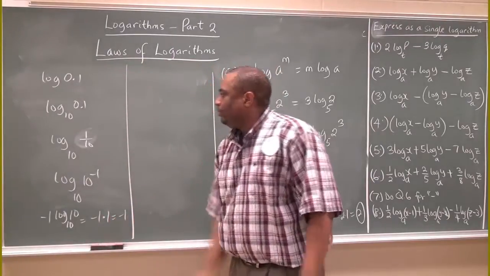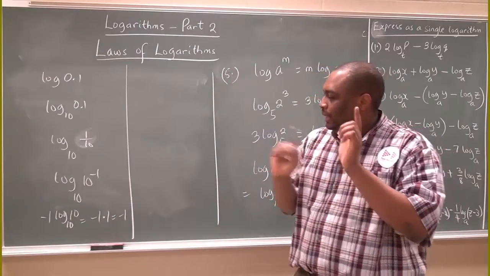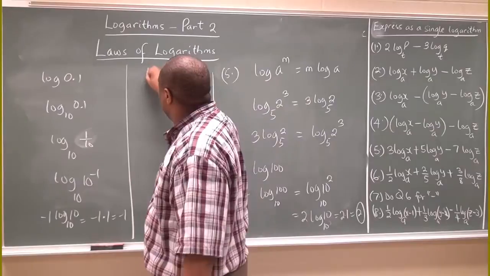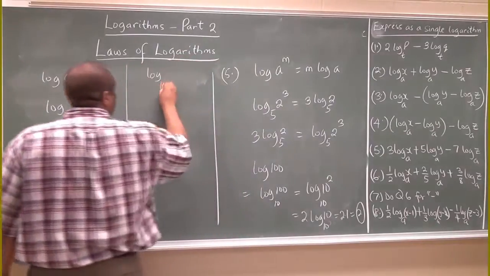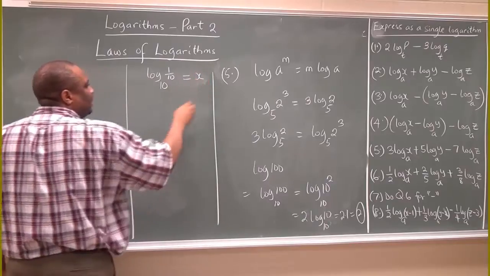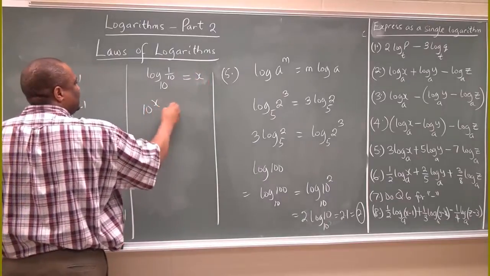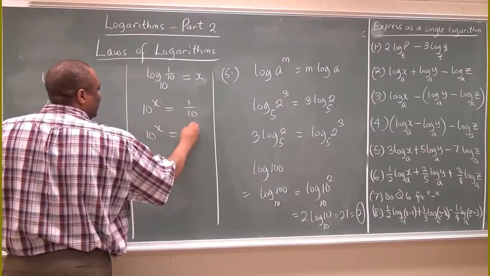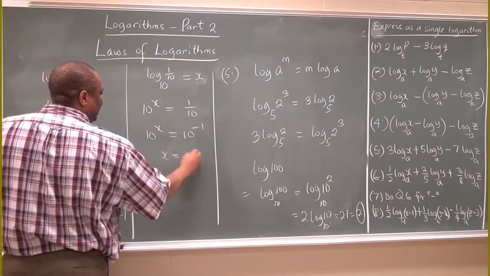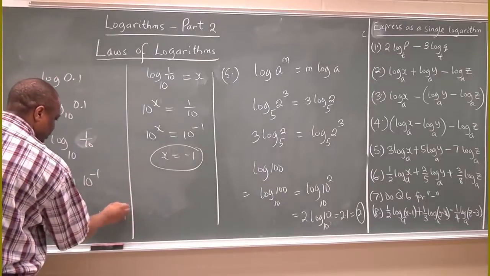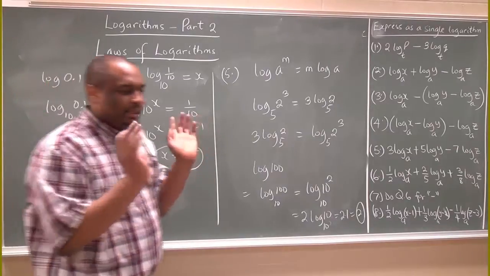But if you recall, in the first video, we did it this way. When we have log 1 over 10 base 10, we say let it be x, then 10 raised to power x is 1 over 10, then 10 raised to power x is 10 to the negative 1, and x will be negative 1. So either method is fine.